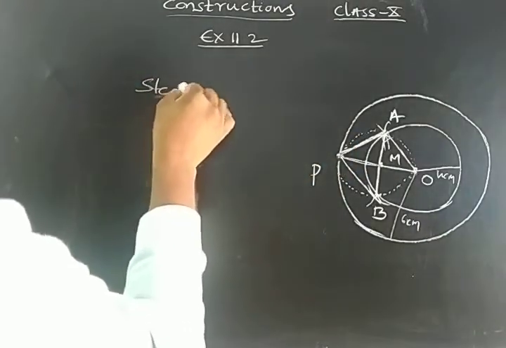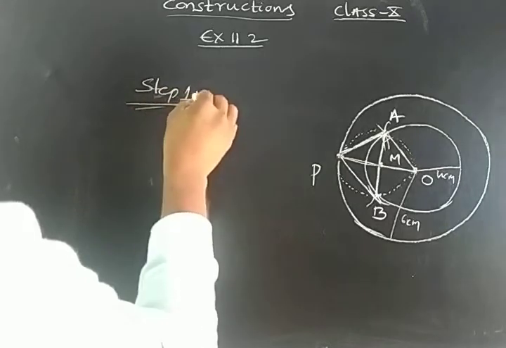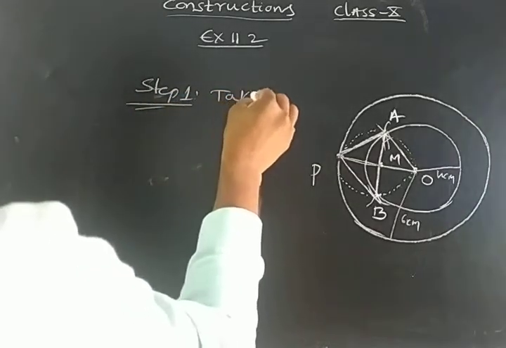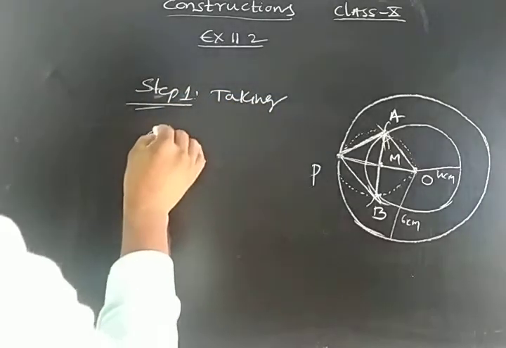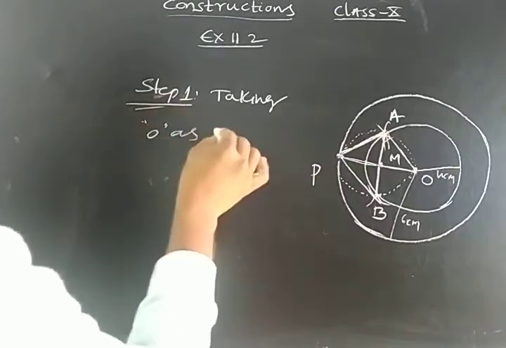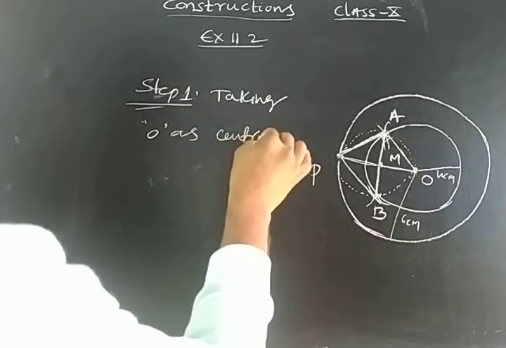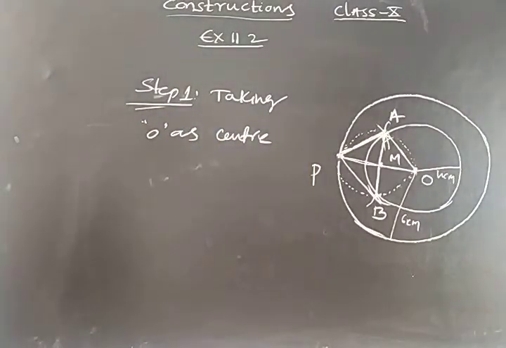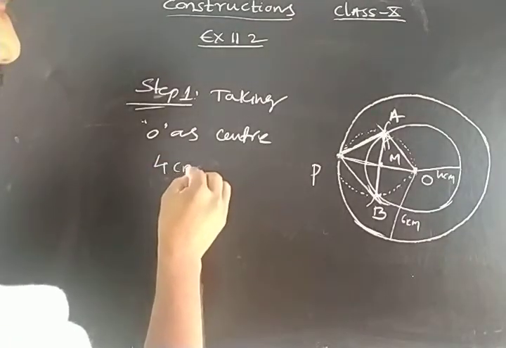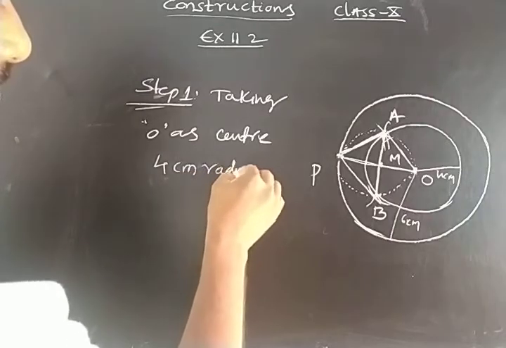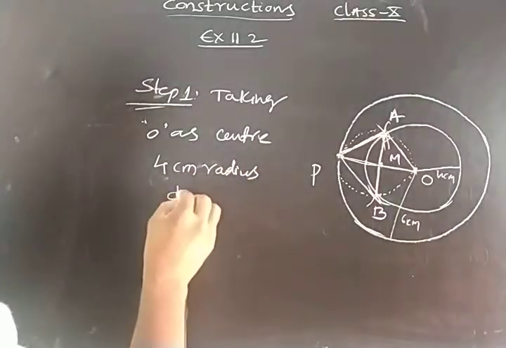Step 1: taking O as center and 4 centimeters radius, draw one circle.